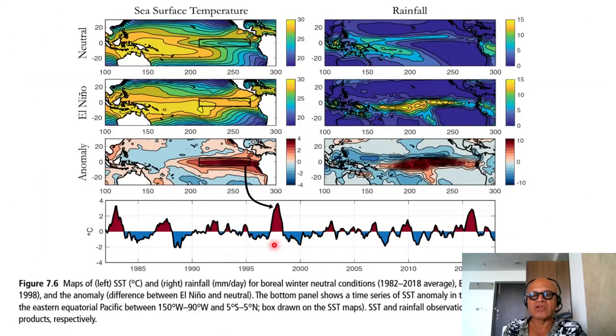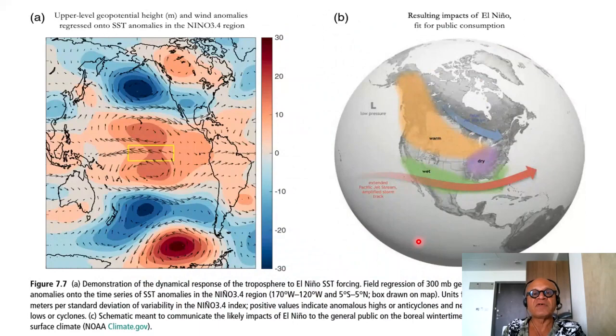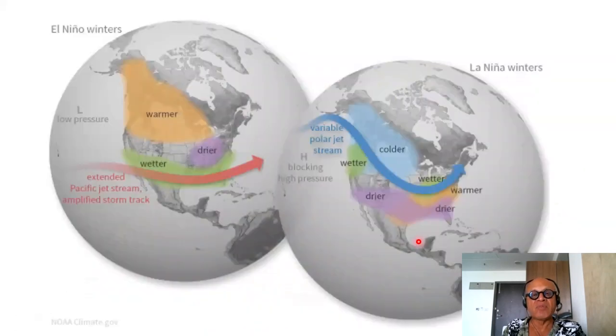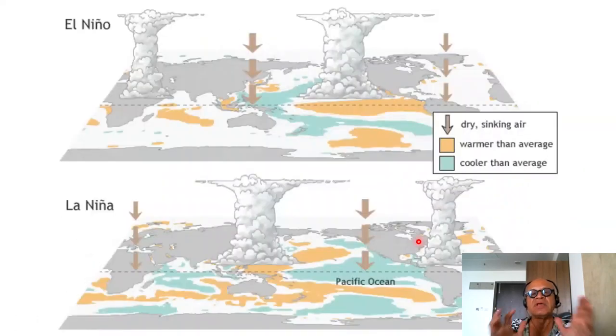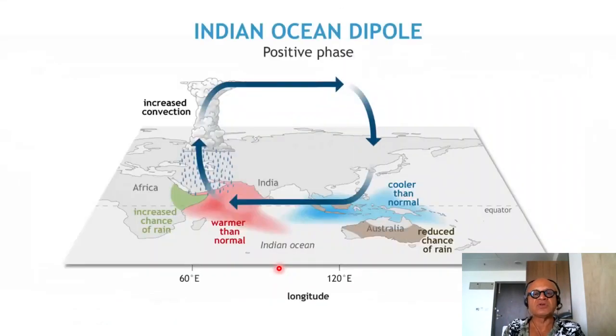So if you look at this longer time series, can you convince yourself that maybe there were more El Ninos here than here? Wow, that's a longer debate. So there is something called ENSO variability, meaning the number of ENSO events that happen in clusters of decades. So there is a similar argument about whether the Indian Ocean dipole is also happening more frequently in some decades than in others.